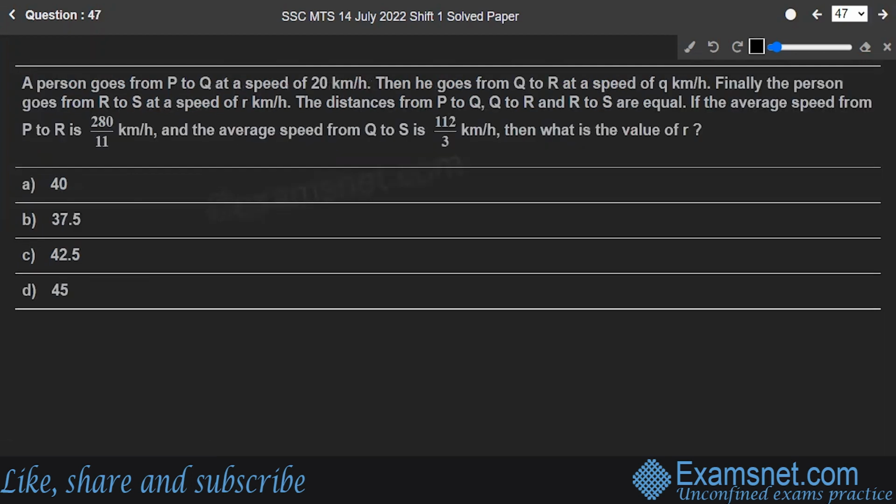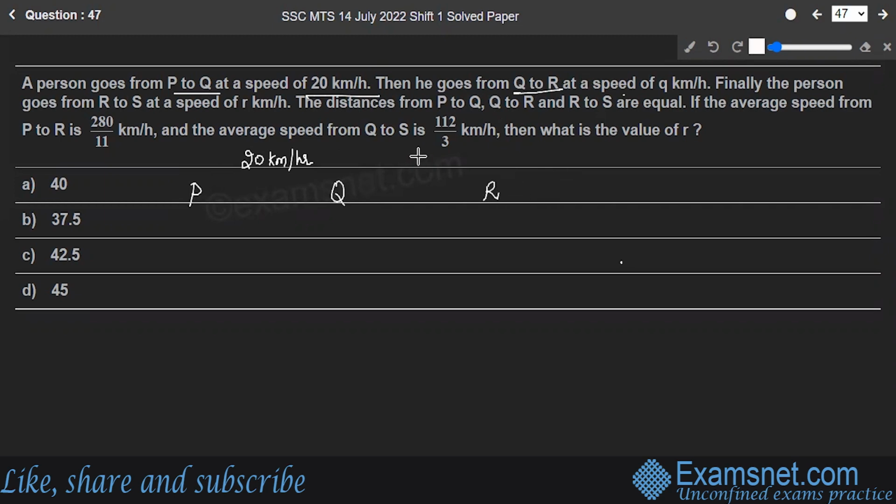A person goes from P to Q at the speed of 20 kilometers per hour. Then he goes from Q to R at the speed of Q kilometers per hour. So here is P, here is Q. The speed between them is 20 kilometers per hour. And then he goes from Q to R at the speed of Q kilometers per hour.